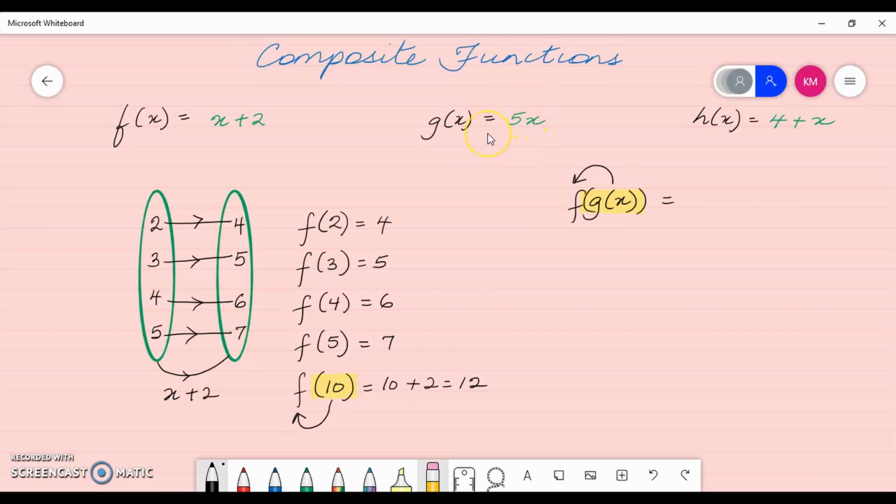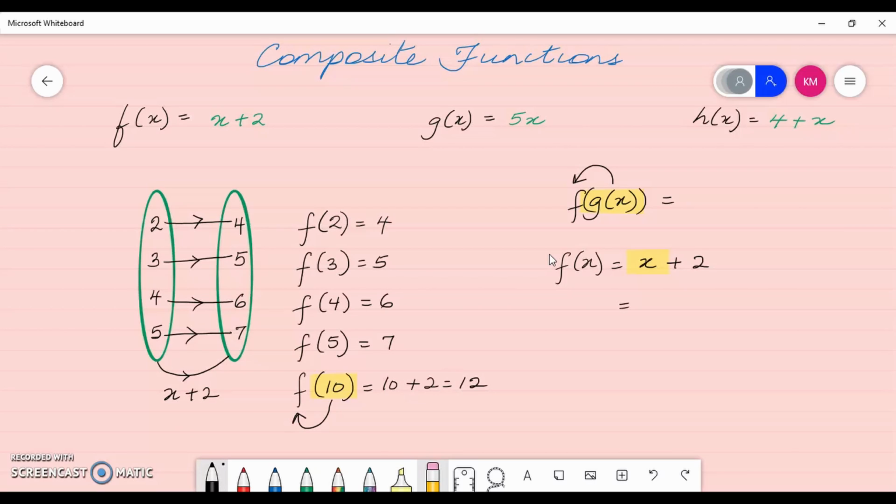So let's have a look at this one. We are putting g of x into f. We write out the function f, and we know f of x, which is our function f, is x plus 2. Now we take our x and replace it with the entire function g of x.